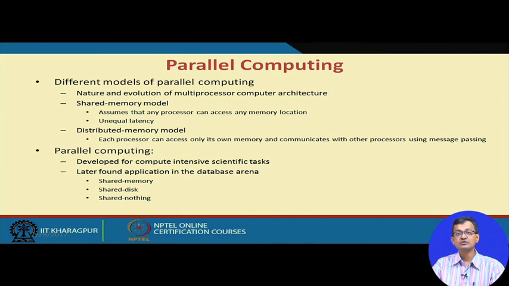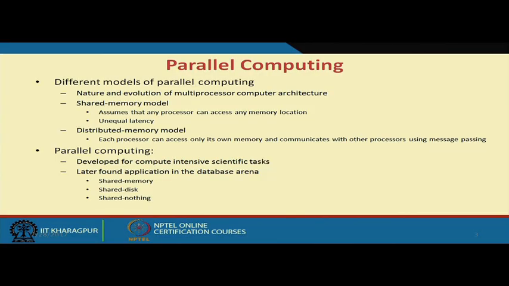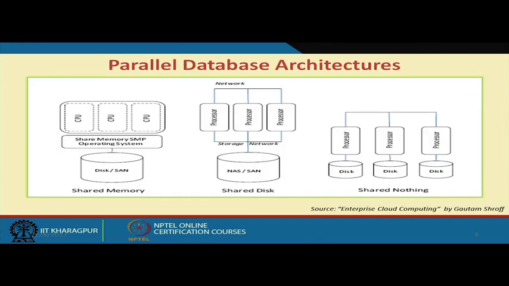So, whenever we want to work on a parallel programming paradigm where the data are stored in these cloud storages, we need to take care of what sort of mechanism is there, whether it is shared memory, shared disk or shared nothing type of configuration. This is a picture we have already seen in our earlier lectures.